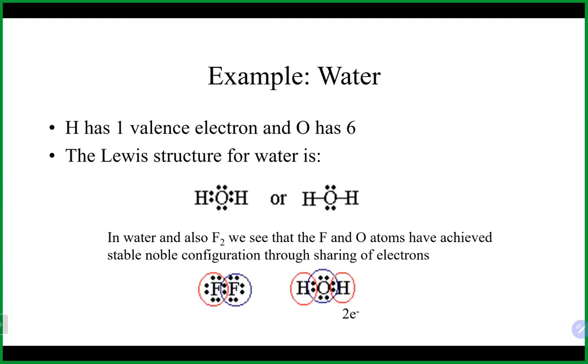In water, the oxygen is able to achieve 8 electrons by sharing with both of the hydrogens. And also each of the hydrogens is able to achieve 2 electrons by sharing with the oxygen that is there. Once again, that's going to make everybody happy.